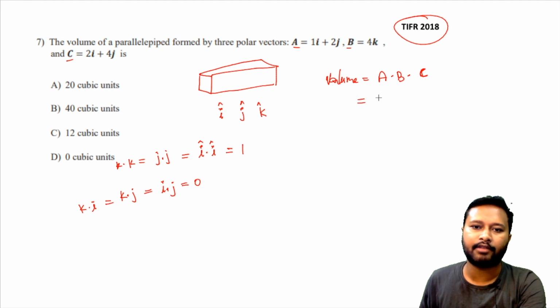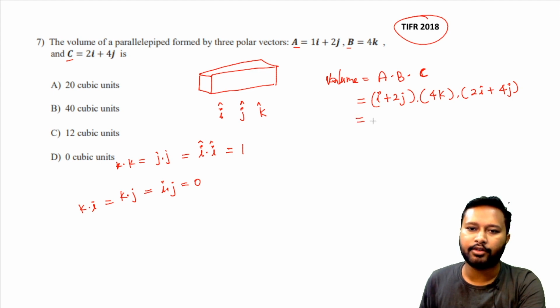Now A is given to me as i plus 2j, and B is given to me as 4k, and C is given to me as 2i plus 4j. I'll multiply first of all these two, and then I will multiply the rest of the thing. When I multiply these two, I will get 4i into k plus 2j into k, that is what you will get, and the rest of that thing I am just keeping like this, 2i plus 4j.